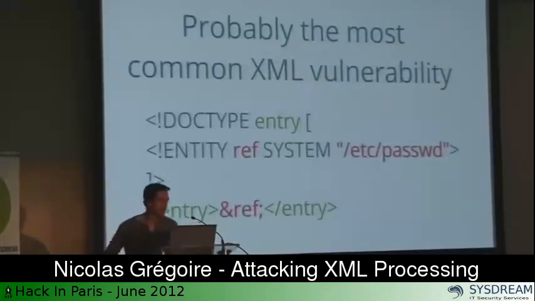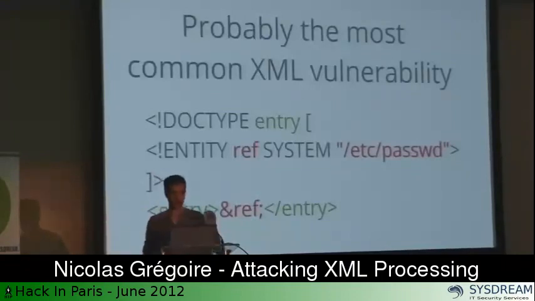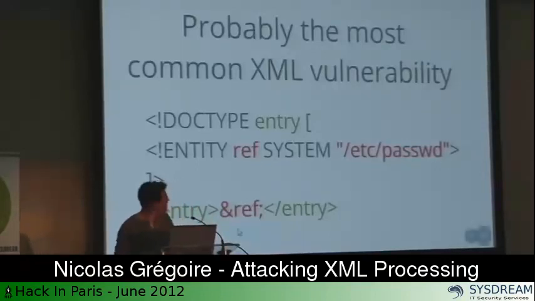So XXE stands for XML external entities. It's a very, very common XML vulnerability. If you are looking at something processing XML, first try this one. You will probably win. So it's really easy.